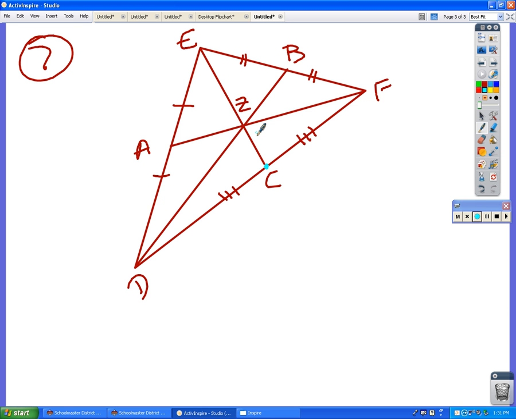So if DB is 24.6, so this entire thing right here is 24.6, the first thing we need to figure out is what is DZ. So if DB, the whole thing, is 24.6.